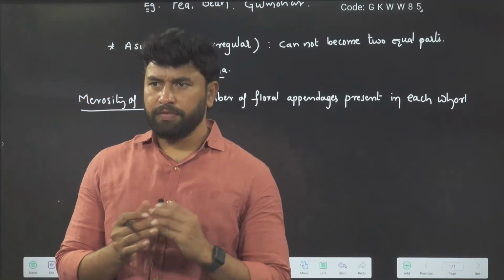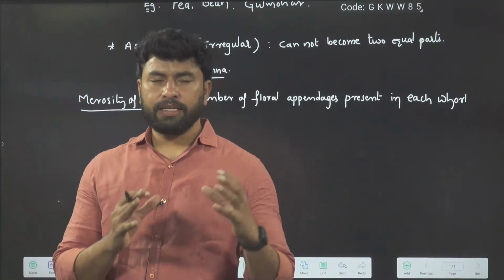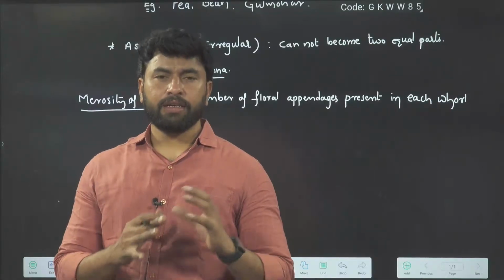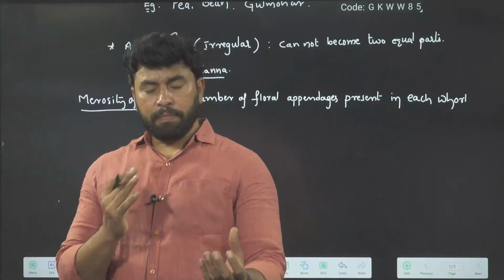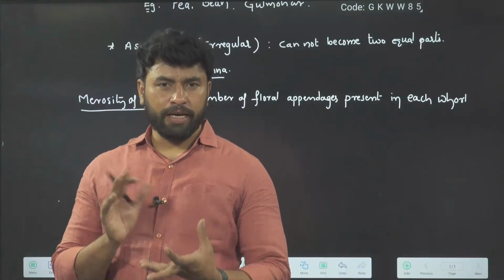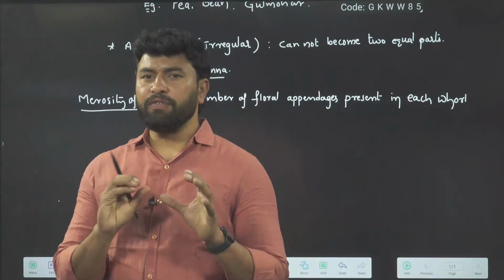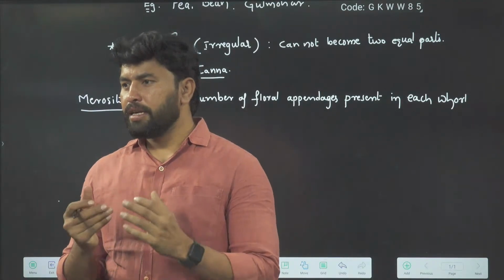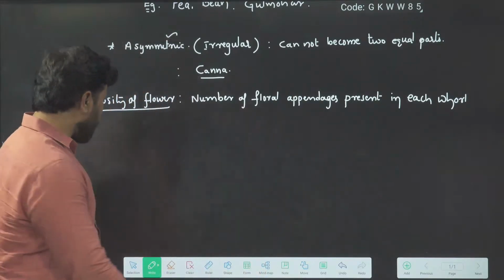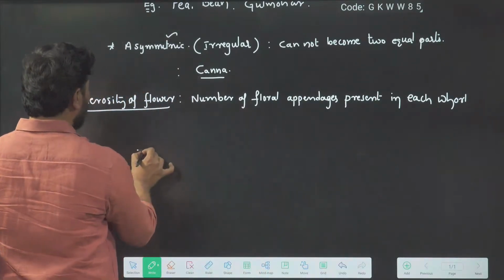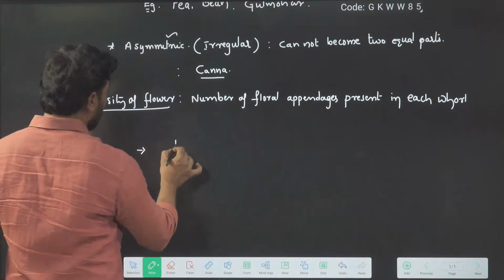That means there is a sepal, calyx. How many sepals are there? Corolla, how many petals? Androecium, how many stamens? Like that, in each whorl, how many floral appendages are present? That phenomenon is called merosity. Based on the merosity, we have trimerous.